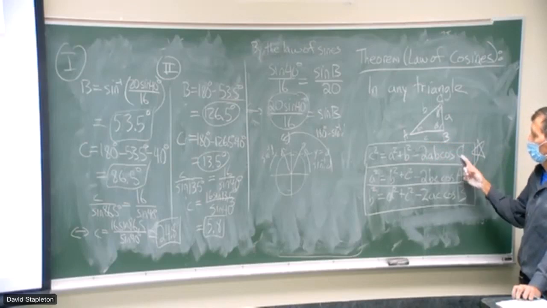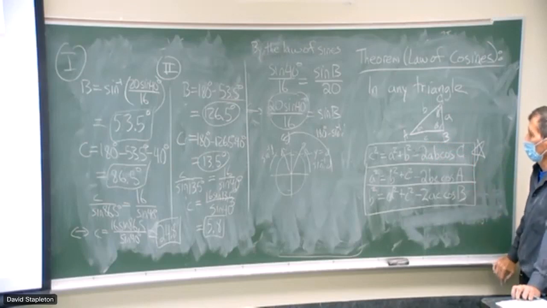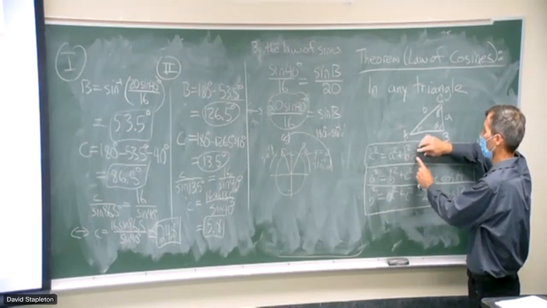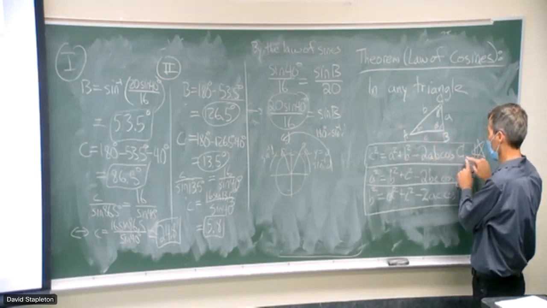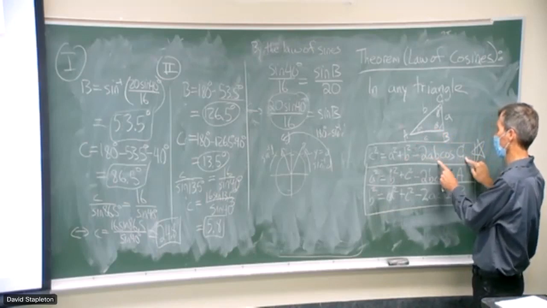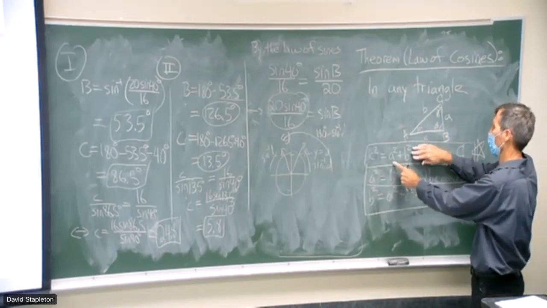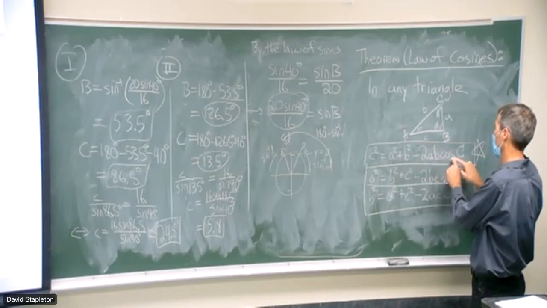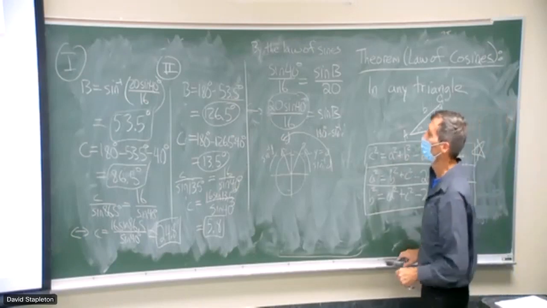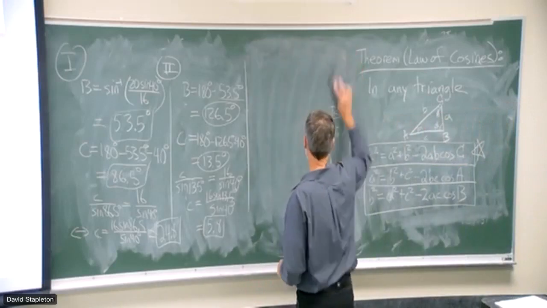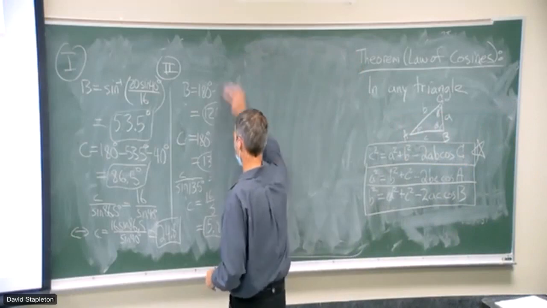And what's more, it's easy to remember because it's C squared equals A squared plus B squared, the Pythagorean theorem, minus 2AB, so AB cosine C. So if you know your ABCs, you can figure this one out, right? So this is the Pythagorean theorem minus 2AB cosine C. Well, that's how I remember it anyway. I think it's a lot easier. These things need some sort of device to be able to figure them all out, right?